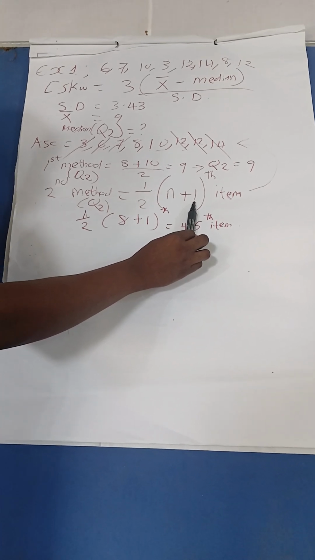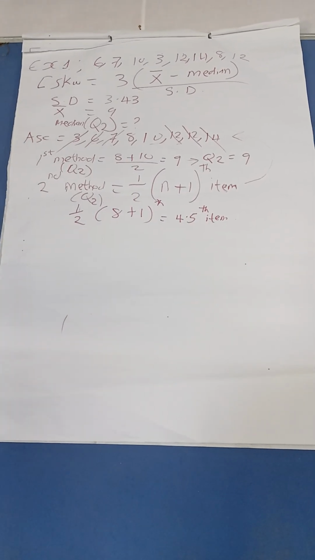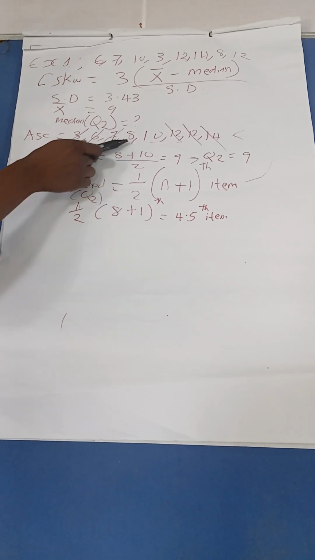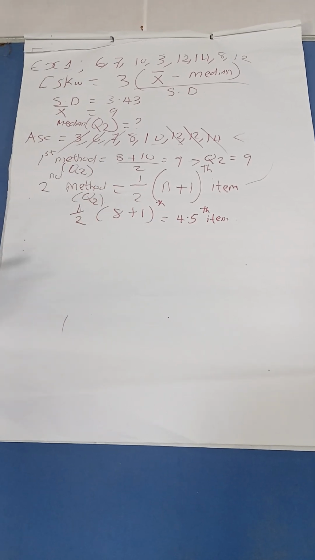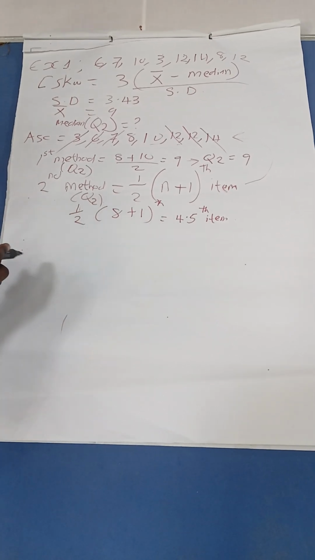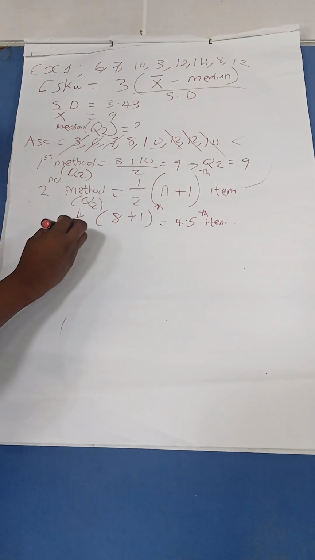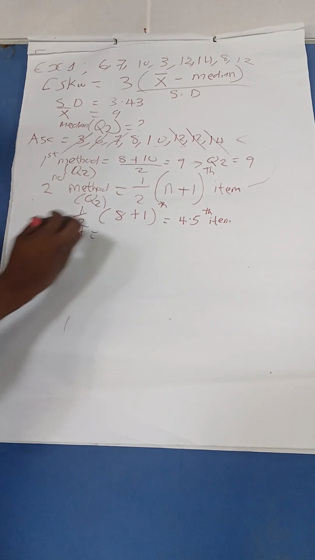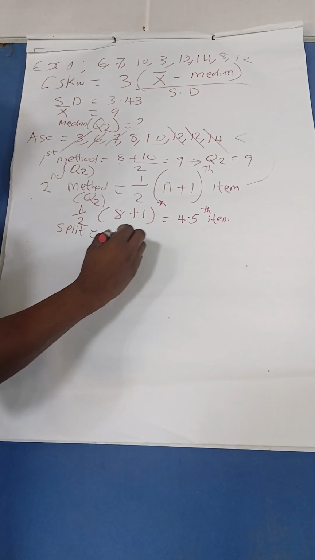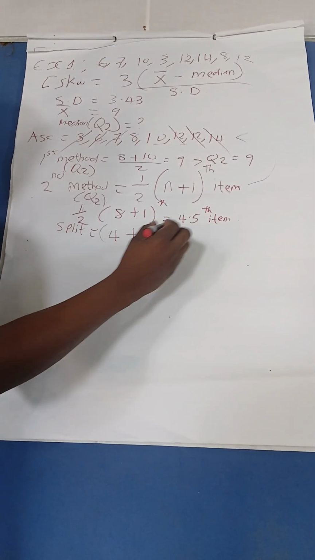So when you have 4.5 as your item, it's not easy to just go and pick 4.5 on this. You have to do some calculation. Now, 4.5 in this case, you have first to split this 4.5. If you split 4.5, it will be 4 plus 0.5. All of this is the nth item.